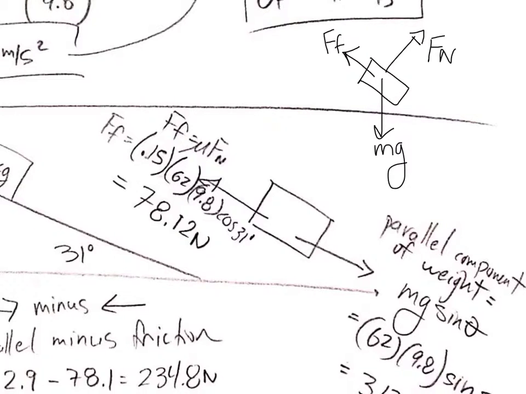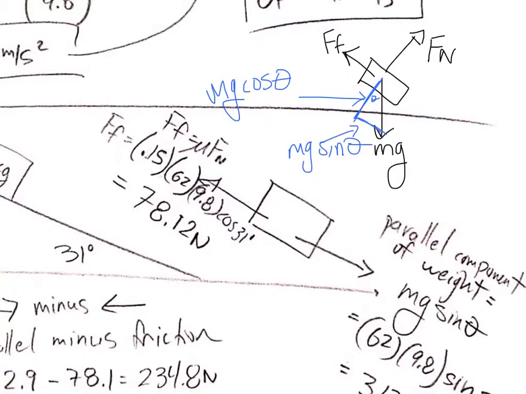To solve, we would then break the weight down into perpendicular and parallel components. We know that these cancel, which is why I haven't included them in the calculating part. This is the angle theta, and the perpendicular component is mg cos theta, and the parallel component is mg sine theta.